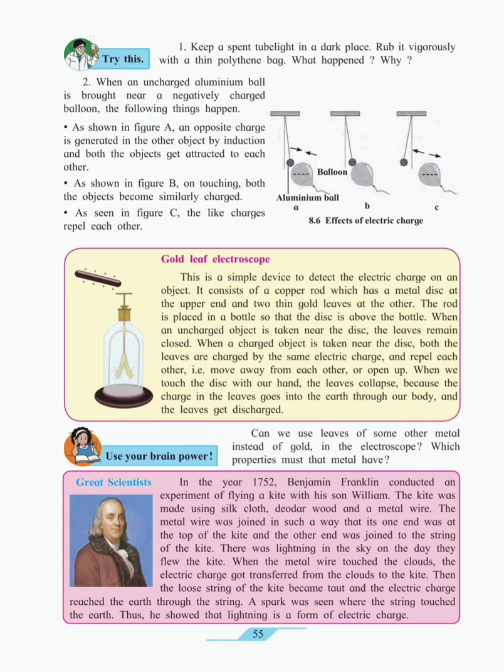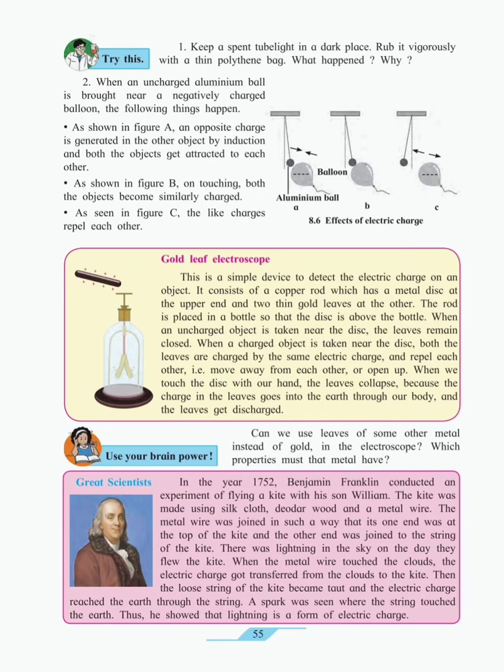The rod is placed in a bottle so that the disc is above the bottle. When an uncharged object is taken near the disc, the leaves remain closed. When a charged object is taken near the disc, both the leaves are charged by the same electric charge and repel each other, that is, move away from each other or open up.